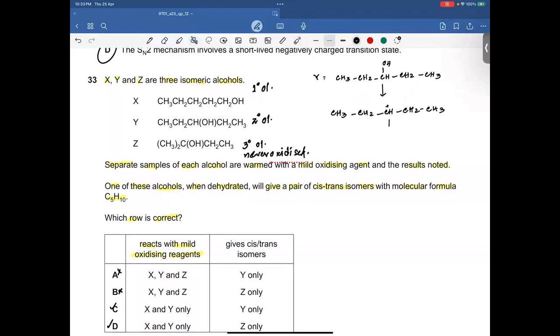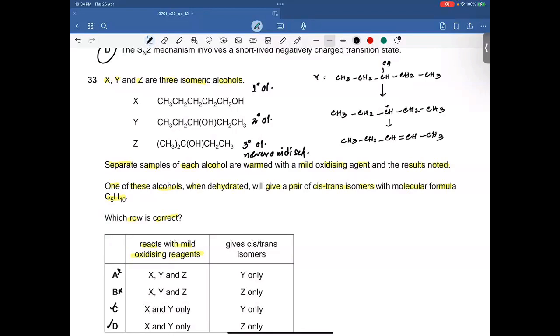And when you get only one type of alkene, you will get CH3, CH2, CH, double bond, CH, and then CH3.